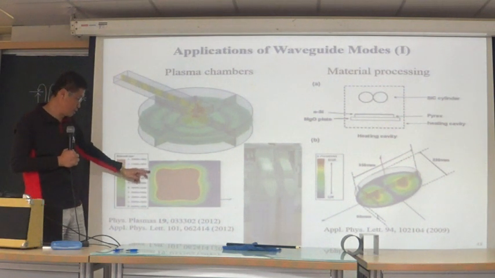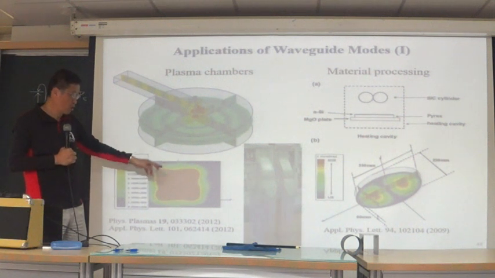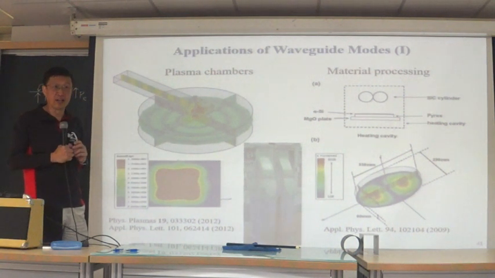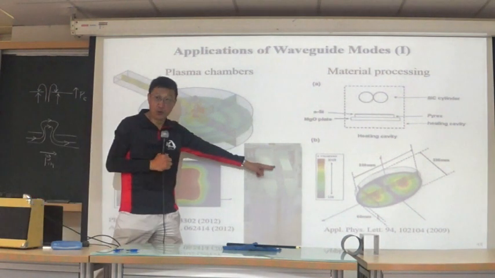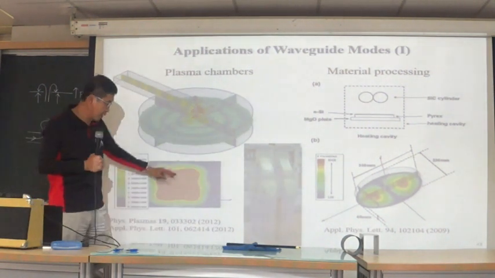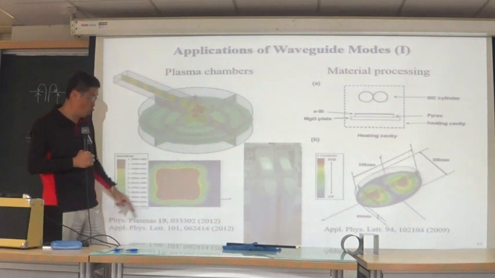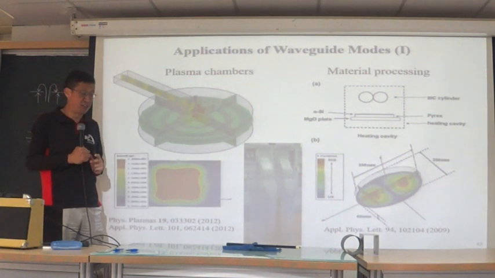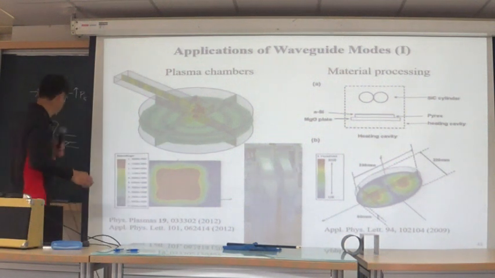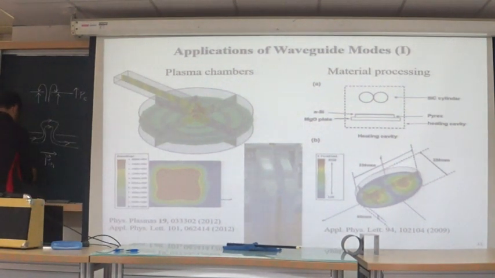Another one is this one. We use a phase array, 2 by 2, and we can generate uniform plasma over 50 centimeters by 50 centimeters.